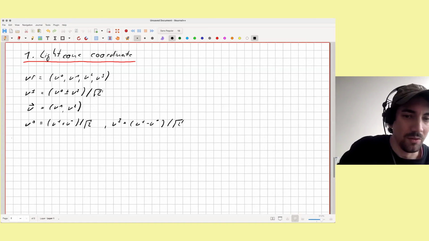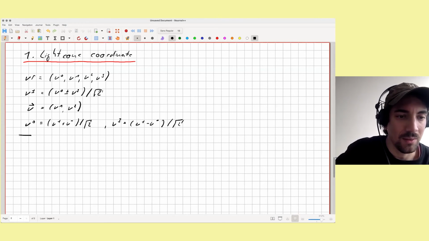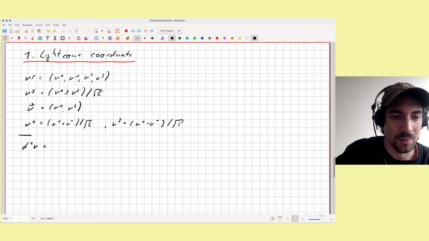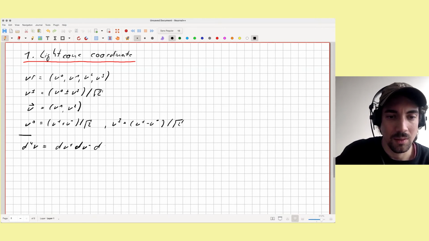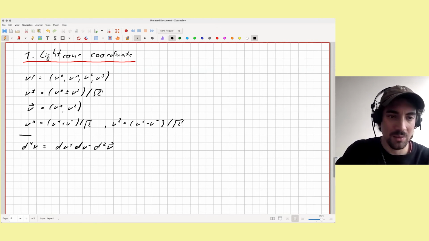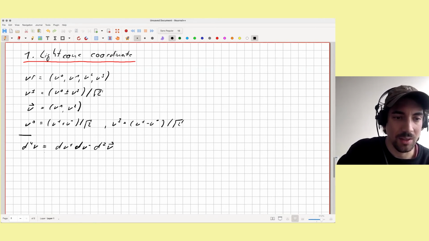So the first thing to show is that d4v equals dv plus dv minus d2v perpendicular. This is what we want to show.